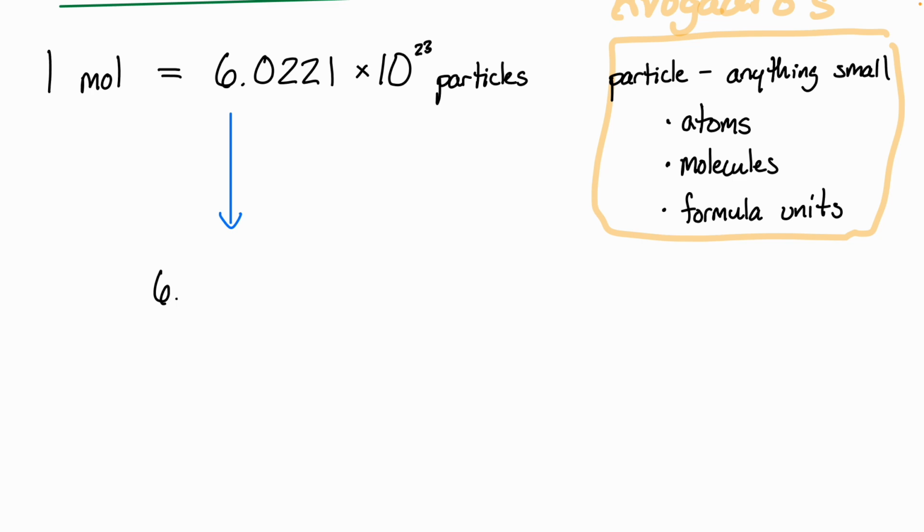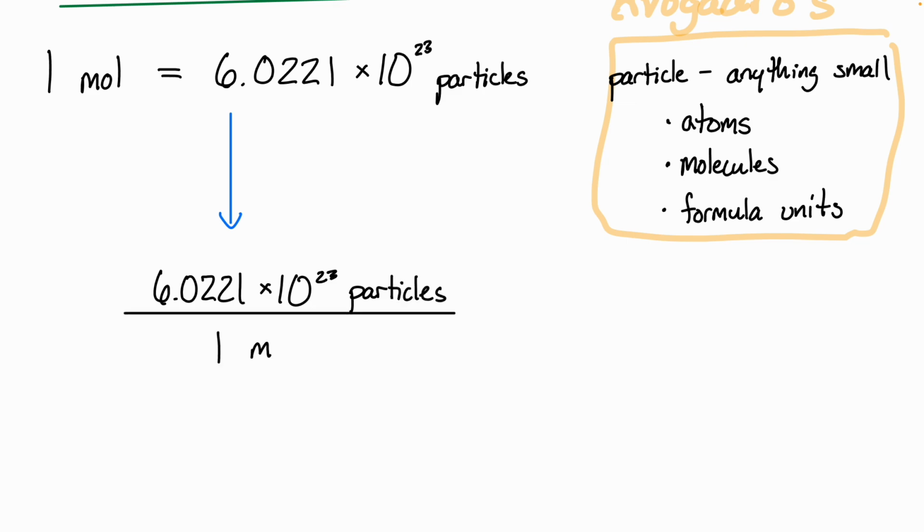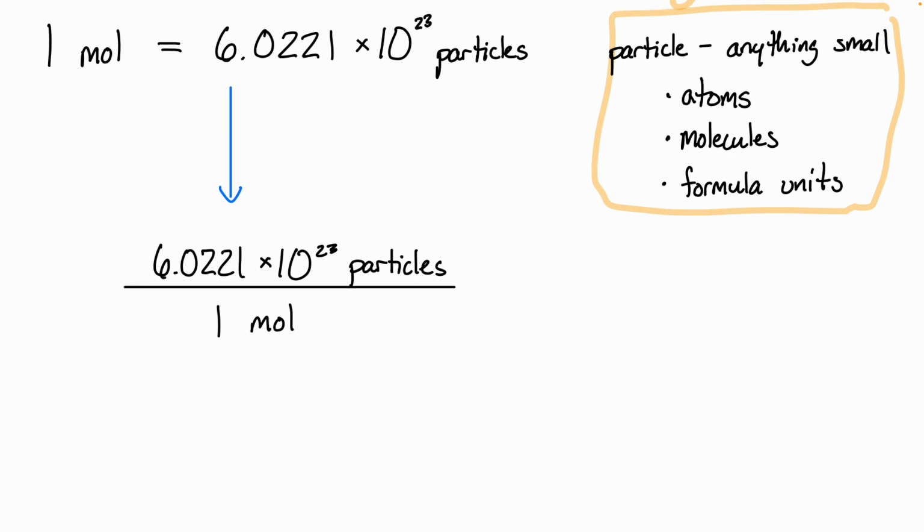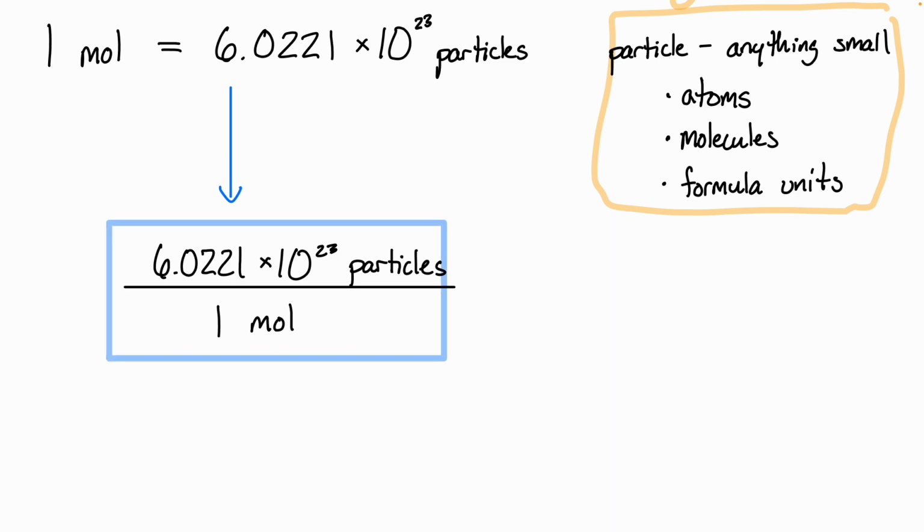This is the same thing as 6.0221 times 10 to the 23, that catch-all term particles, over 1 mole. And just like all of our conversion factors, I can use it as is, or I can flip it depending on how I want my units to work out. So this is our form of Avogadro's number we're going to use in our math.